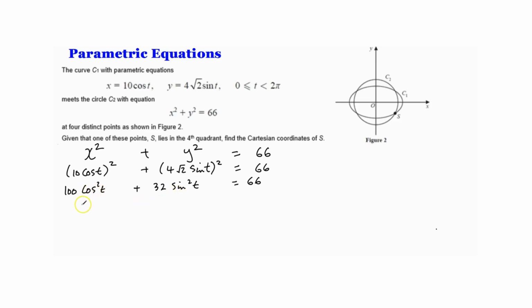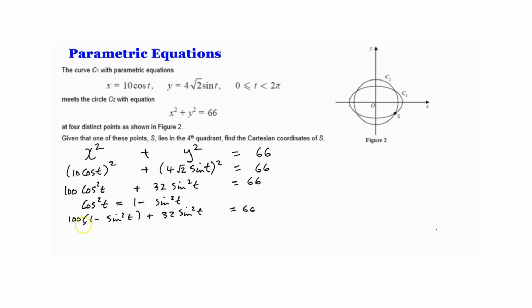Therefore, we know that cos squared t is equal to 1 minus sine squared t. So all we need to do is to input this value into the equation, and then we can solve for t. So then we have 100 times (1 minus sine squared t) plus 32 sine squared t equals 66.